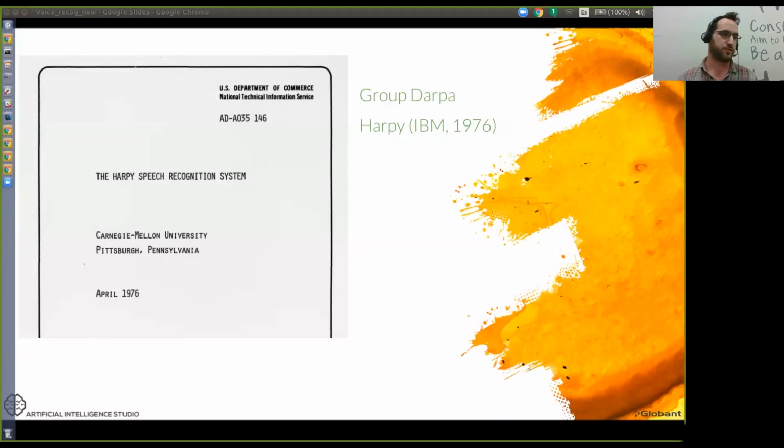So the first try wasn't that strong, and this was one of the better ones at that time, but not successful enough. The group DARPA at IBM tried to do it, and yeah, it was better, but not enough. The language was very constrained, and there was not that much to explore here.